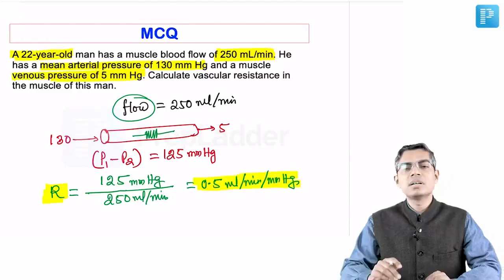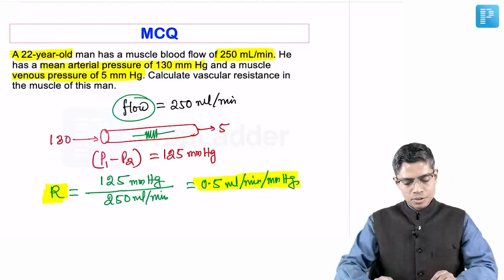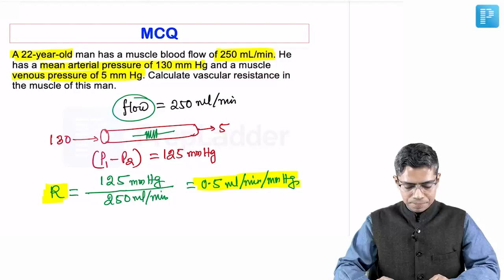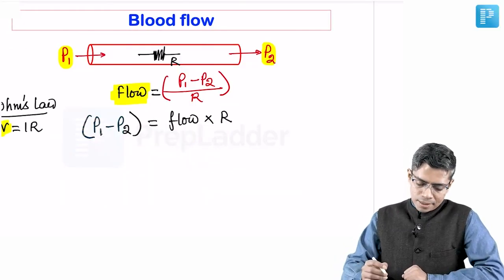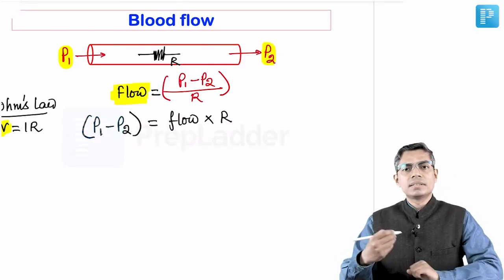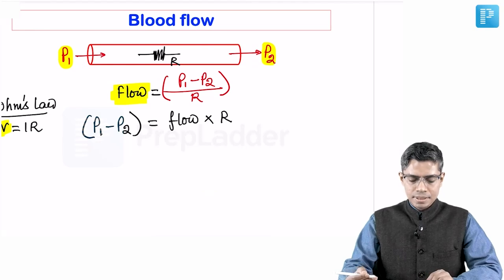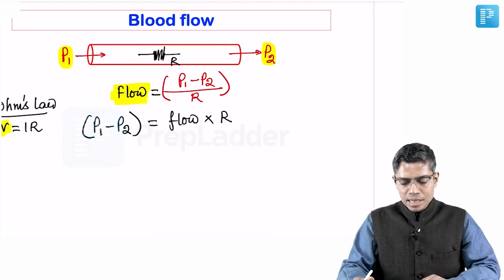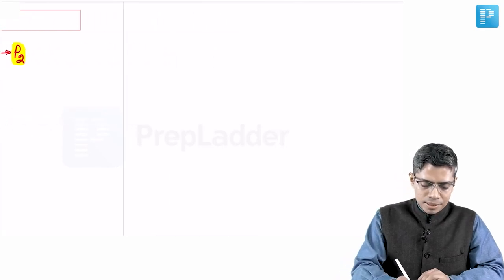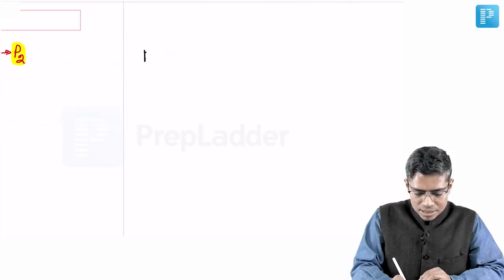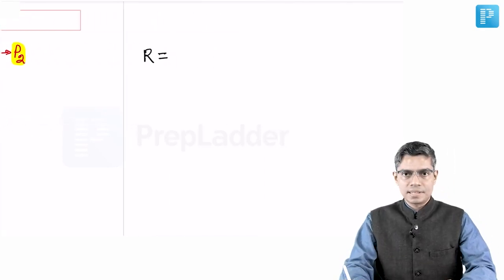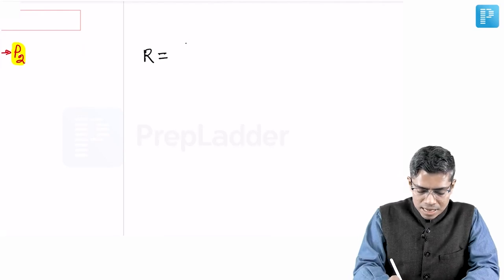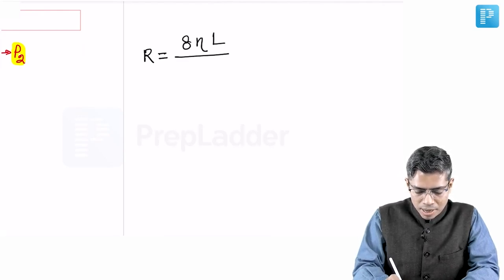That's why I am showing you the MCQ here, right? So this is all about the blood flow. Now we all know that if you want to calculate the resistance directly by knowing the length and other parameters of the vessels, then we have to apply another formula, that is R, the resistance of a vessel, is equal to 8 eta L by pi R to the power 4.